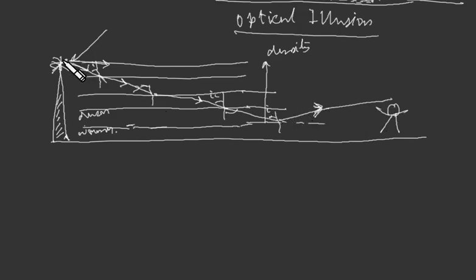That means this part of the object we will see somewhere here. We will track it down in a straight line and we will see it somewhere here, right? That means the object will appear upside down, and it will look to us like there is some water and the image of the object is reflected and comes to our eyes.